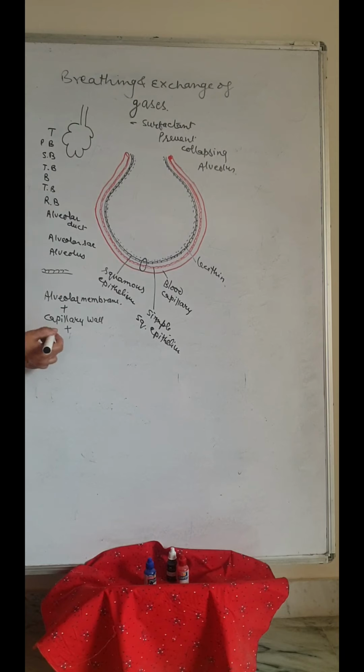So the alveolar wall, capillary wall, the basement membrane, and the fluid, that is interstitial fluid, the interstitial fluid that is found between the cells.